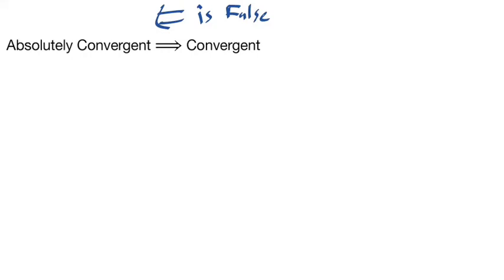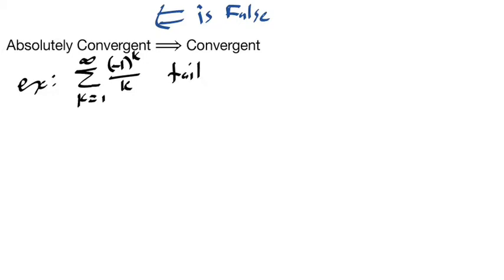And let's pull out an example to see why this would be true. So here's our example. Our example was the one I drew on the very first page. And it's the sum as k goes from 1 to infinity of negative 1 to the k divided by k. So this is the harmonic series, but alternating with negative ones and positive ones. Okay, so what we're going to do is we're just going to look at the tail of this series.